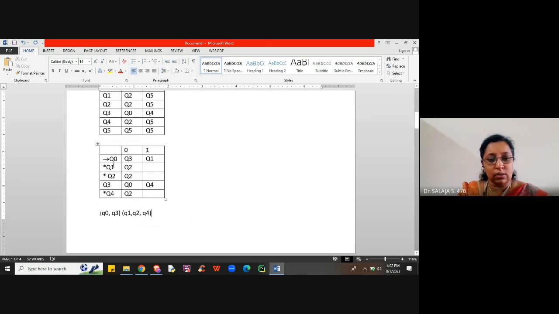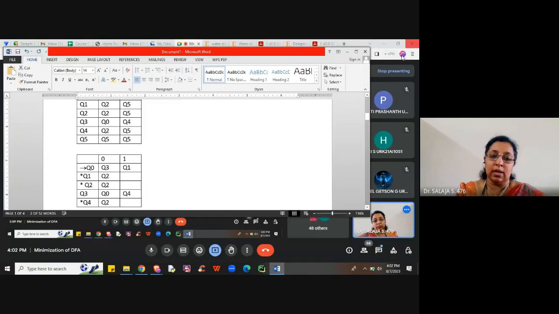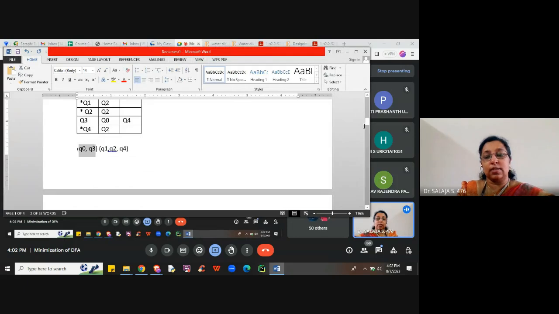Q0 on 0 moves to Q3, which is in the same group. Q3 on 0 also moves to Q0. Both states on 1 move to a different group. Now tell me whether Q0 and Q3 are distinguishable or indistinguishable states.